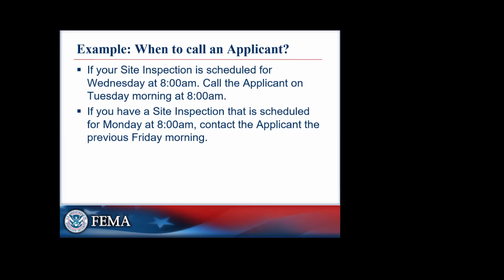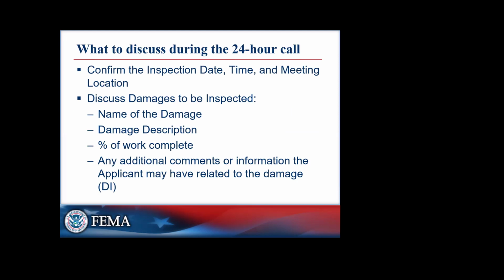And if a site inspection is for the Tuesday after Labor Day, so let's take holidays into consideration, you should make the call on the Friday before that weekend, right? We want to make sure that we get in contact with that applicant, we ask all the questions, we are prepared in order to meet them in the field on that following day. So what to discuss during the 24-hour call?